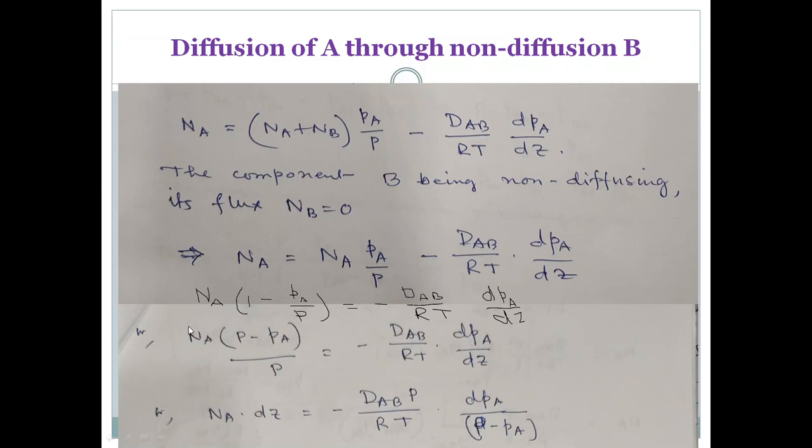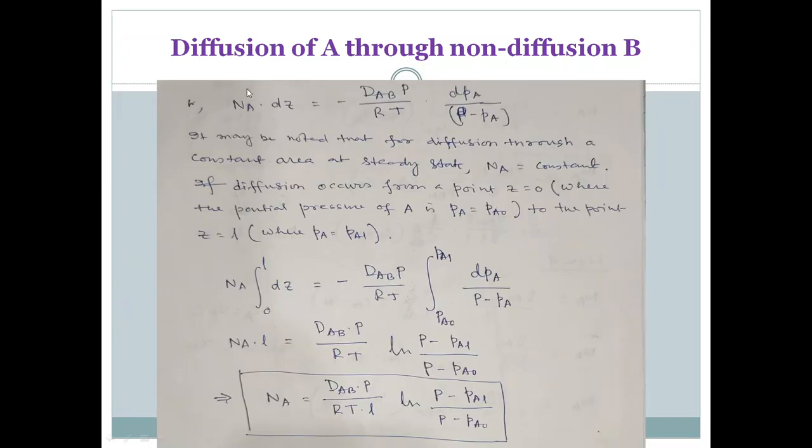Or I can write NA dZ equals minus DAB P by RT, dPA divided by (P minus PA). So this is my equation. Here we are working under steady state condition, where NA is constant, so the flux will be constant.